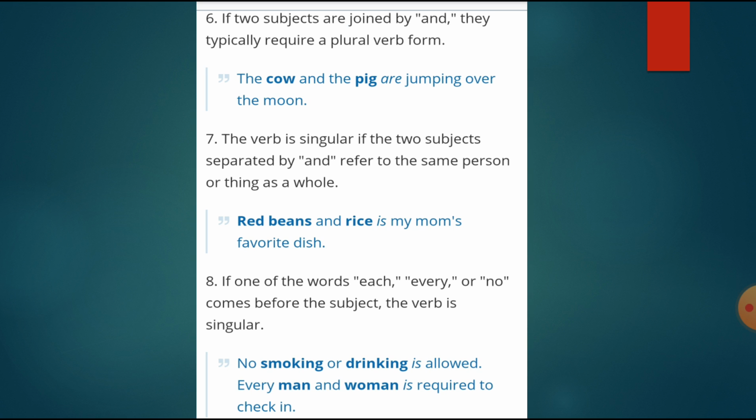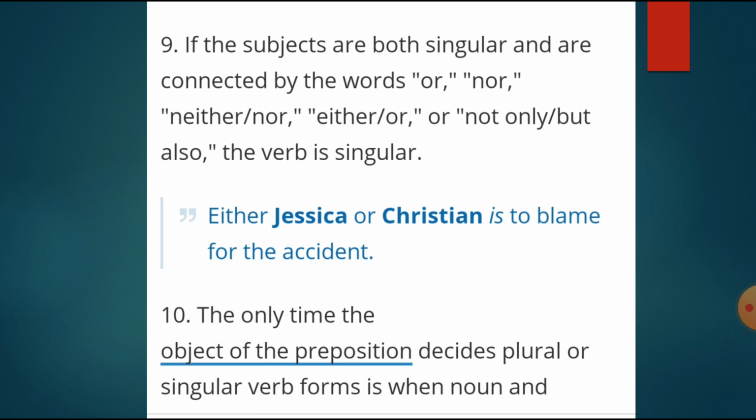If one of the words each, every, or no comes before the subject, the verb is singular. No smoking or drinking is allowed. Every man and woman is required to check in. If the subjects are both singular and are connected by the words or, nor, neither nor, either or, not only but also, the verb is singular.